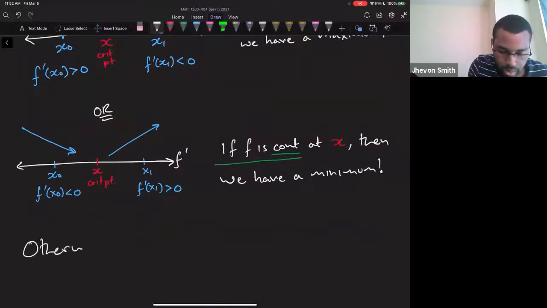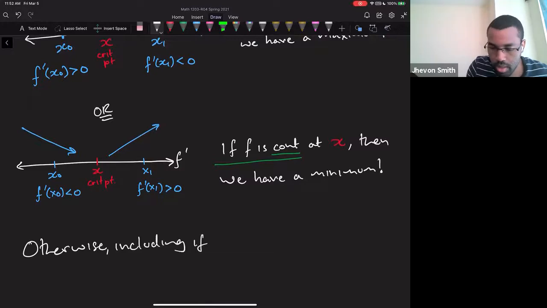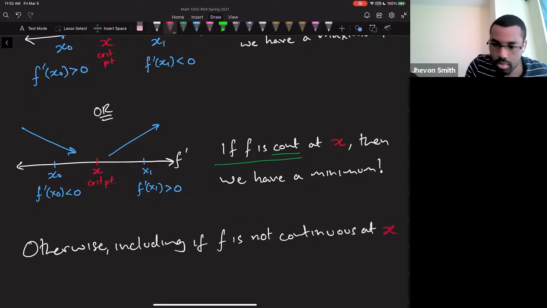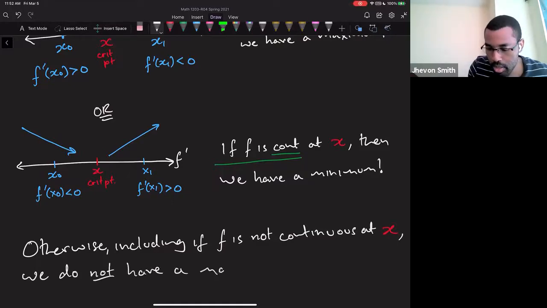Otherwise, including if f is not continuous at x, we do not have a max or min.